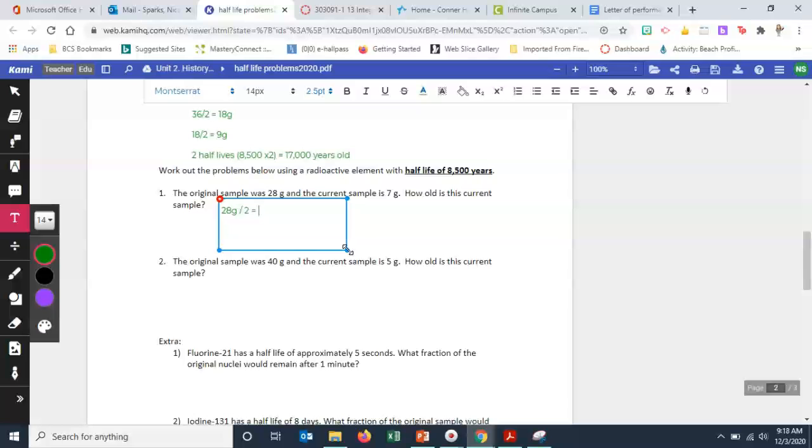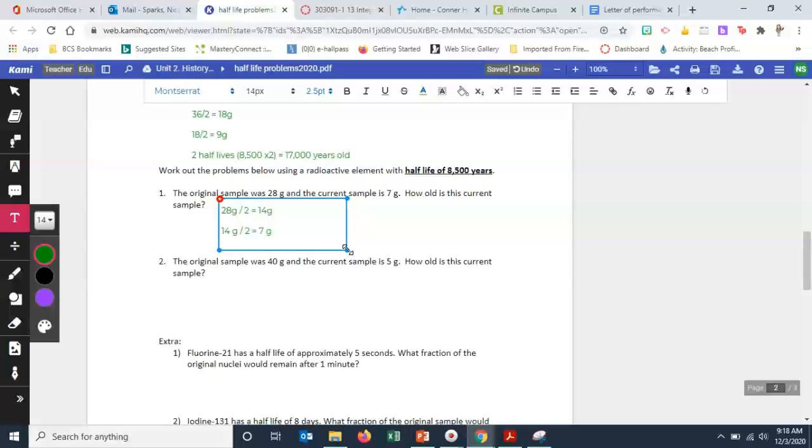And when we divide 28 by 2, we get 14, right? 14 grams. Not to the 7 yet. 14 grams divided by 2 equals 7 grams.